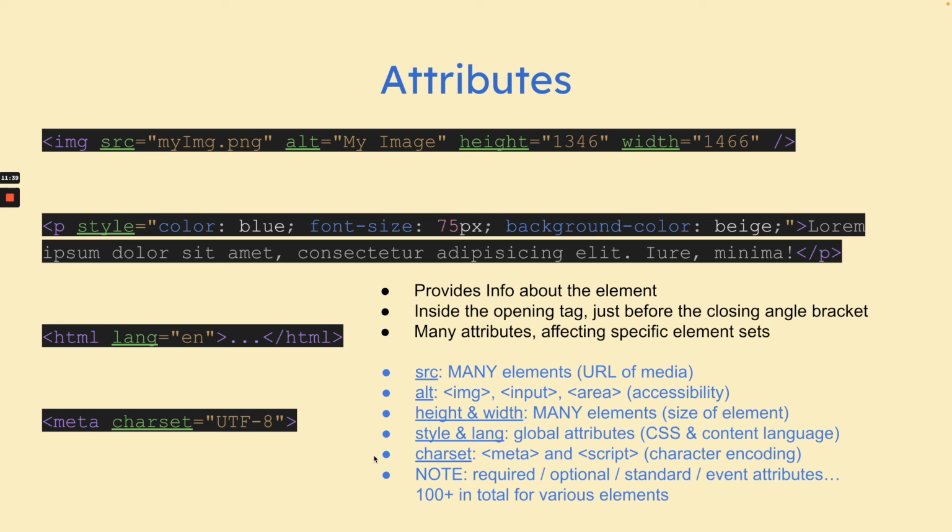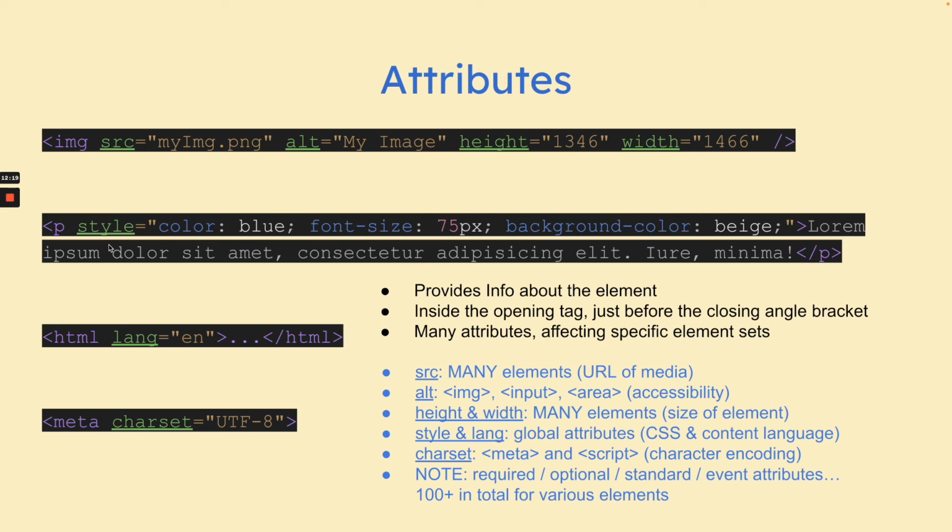And we're actually going to jump into CSS, so I'm not going to go too deep into this, but basically it allows us to change things like the color of the text, the font size, the background color, so we'd have like a background of beige and a color of blue, and you can ignore the content for now, because we're just focused on the attributes here, but that's basically what style is going to do. Just a high level overview of that tag. And that is global, meaning it's going to be able to go on to any element.